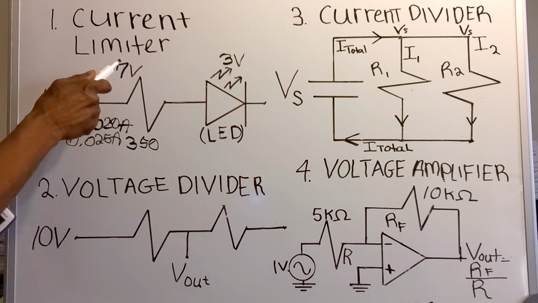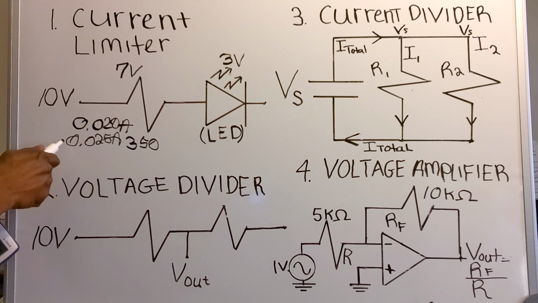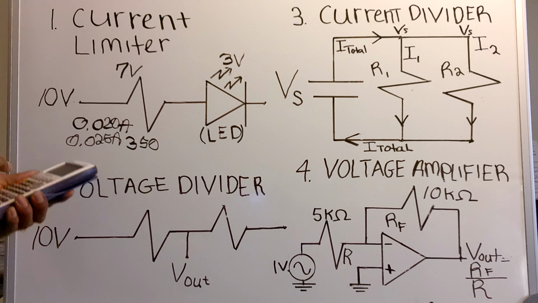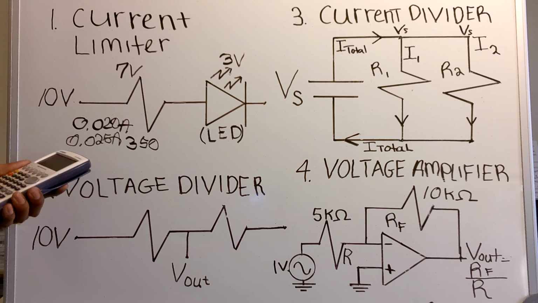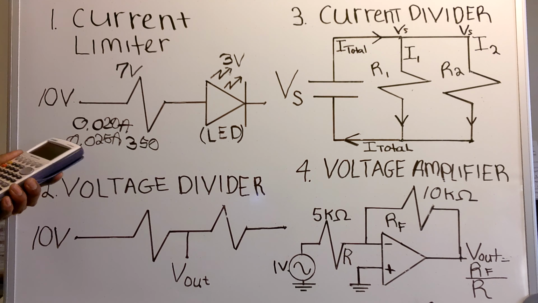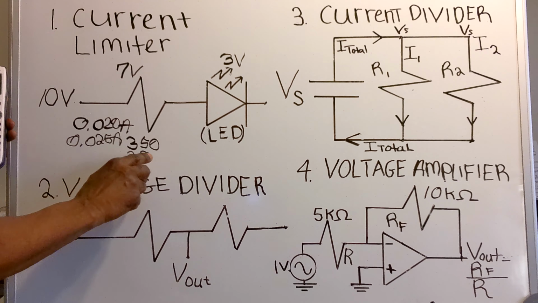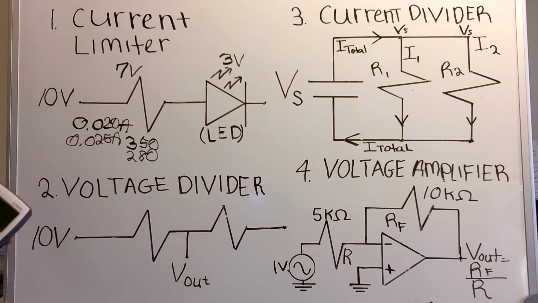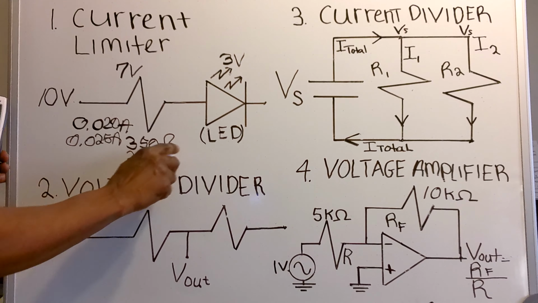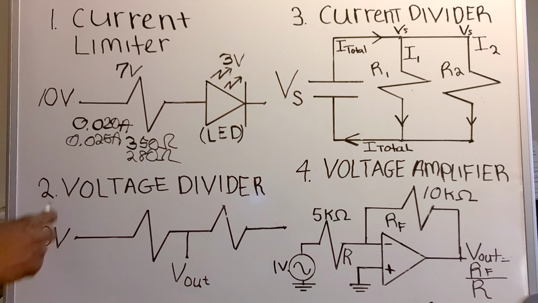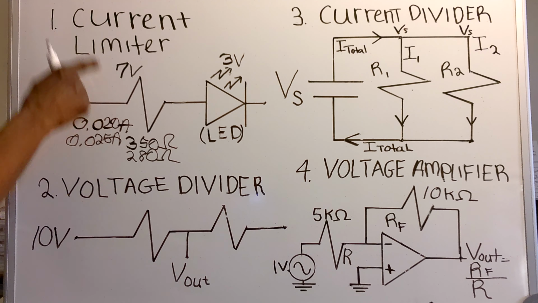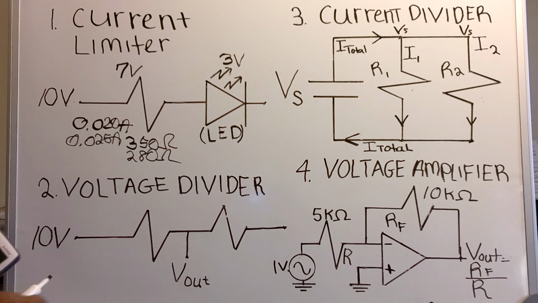So I'll go 7 volts divided by 0.025 amps. Now I will need a 280 ohm resistance. Okay, so this is an example of how you can use resistors as a current limiter.